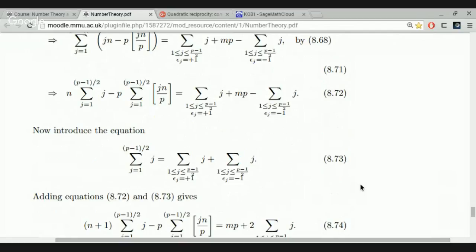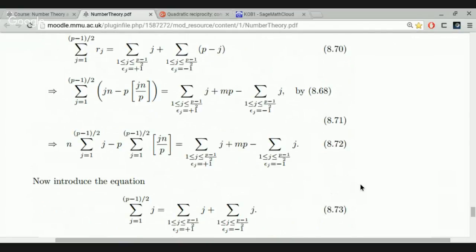Can you not cancel p, the p into jn over p in the first equation? Cancel those p's? Well, no, because this one's inside the floor sign. If the floor sign wasn't there, yeah, for sure.